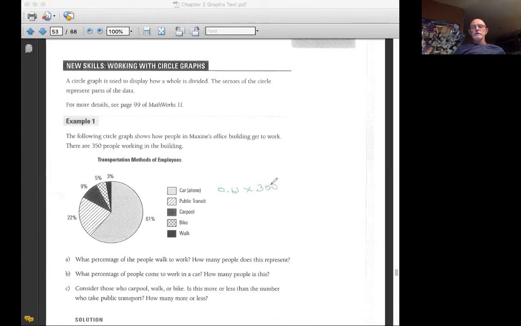You'll find this saves time too. And so you come up with that number. Public transport is 0.22. And again, you're just going to multiply that by 350.